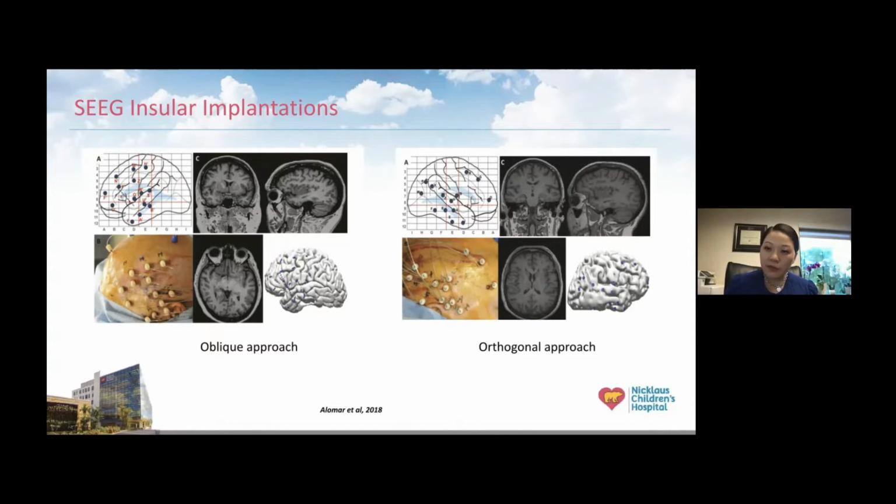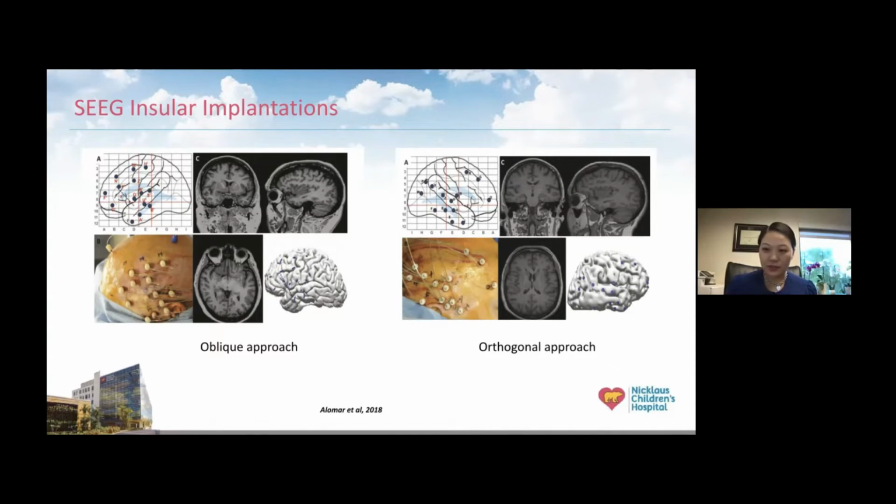In about 14% of their cohort, they sampled the insula bilaterally, so they had bilateral insular electrodes, and in 17% of the cases, the insular epilepsy implantation group was confirmed to be involved during SEEG.